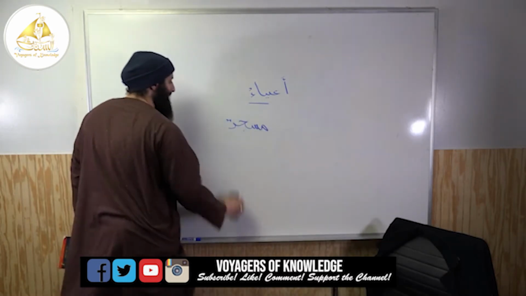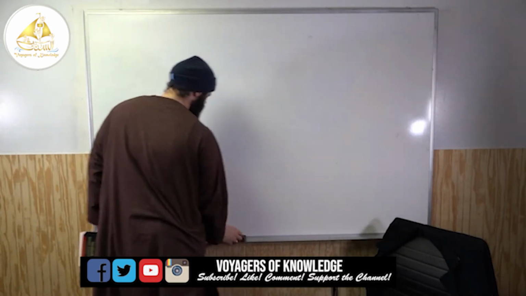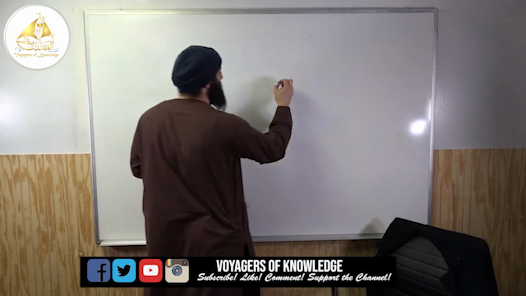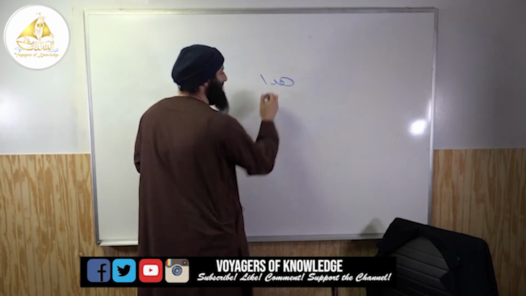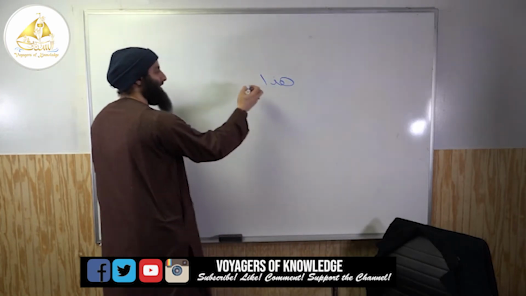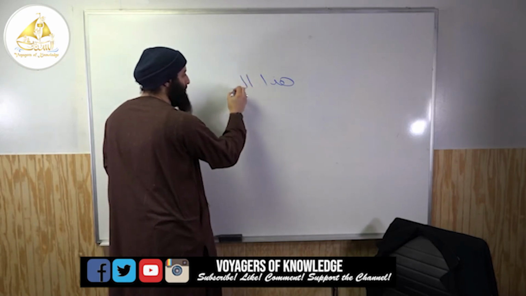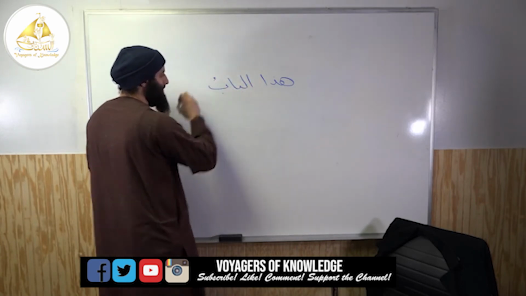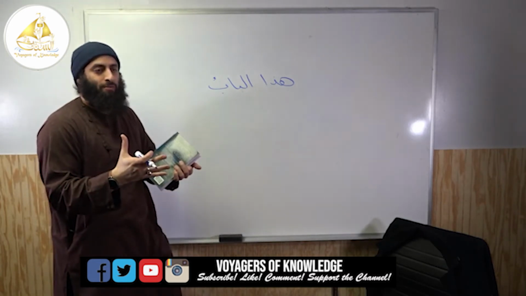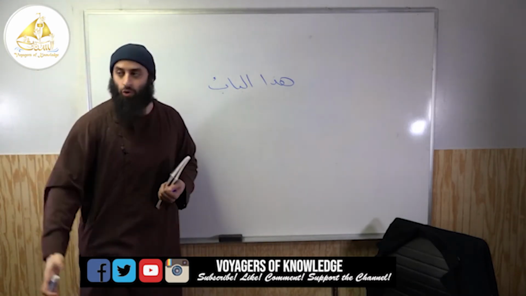Like if you say هذا, and you're talking about a specific person or specific people. If you're saying, for example, in English, this door, you have to say هذا الباب. In English, door didn't change. It didn't become this the door, did it?